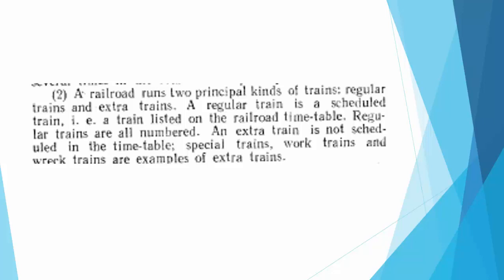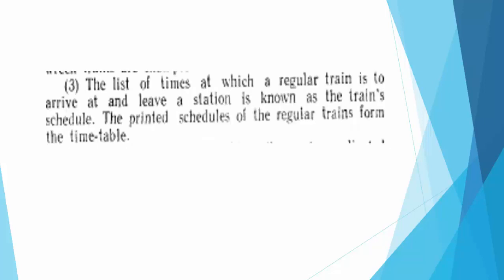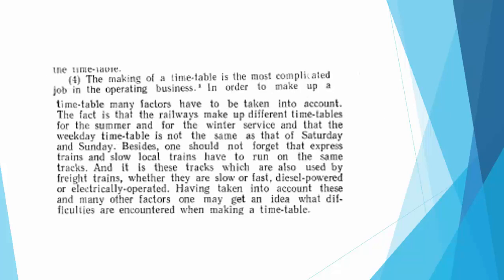Special trains, work trains, and wreck trains are examples of extra trains. The list of times at which a regular train is to arrive at and leave a station is known as the train schedule. The printed schedules of the regular trains form the timetable.